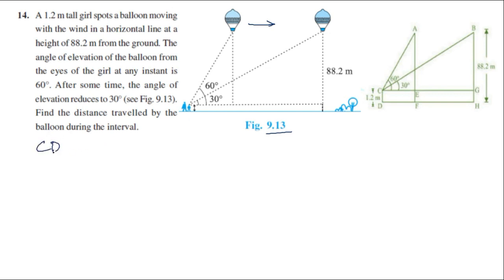I have taken CD to be the 1.2 meter high girl. In this, EG is the distance traveled by the balloon.